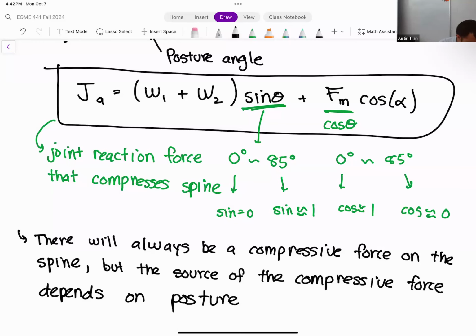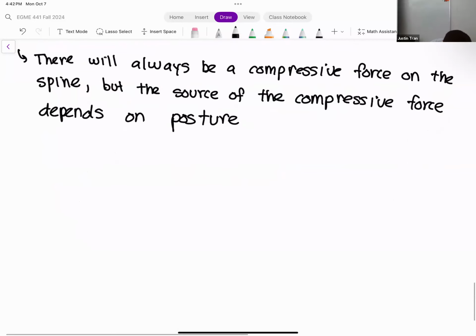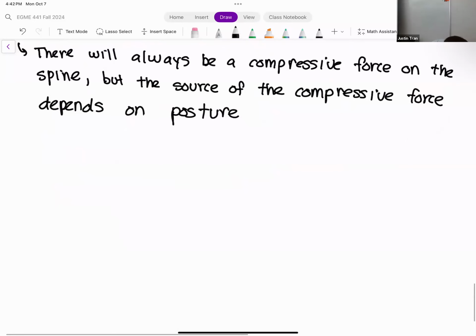Very quickly, let's do the shearing force as well. Shearing force isn't too interesting. Normally, for a situation where you're just supporting your own weight, you wouldn't expect much shearing. But let's compute this anyway. We have JS, that's going to be the positive component.